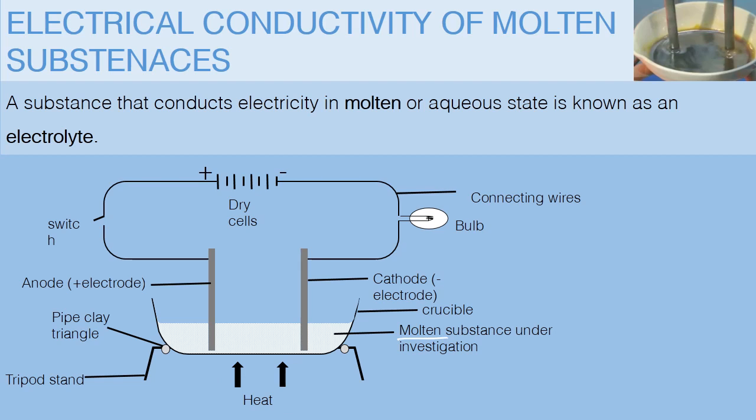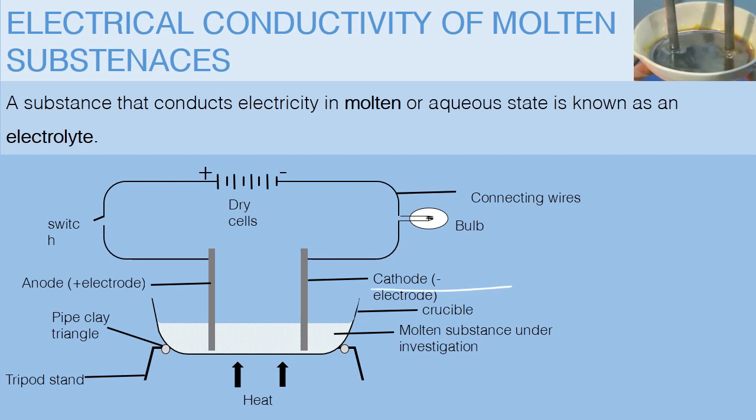Without the heat, the molten substance would freeze back into solid, and therefore we cannot usually use this setup to determine if it conducts electricity, but rather we'll use the first setup we described in the topic. So study this setup carefully and try to show the direction of flow of electrons, and try to describe the cathode and anode as we did last time.